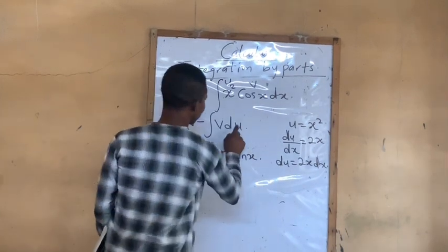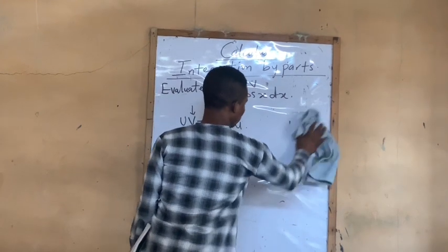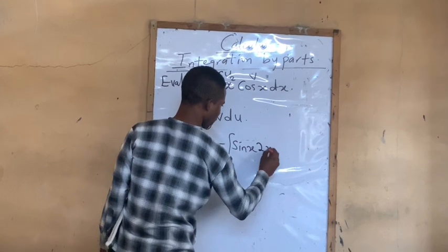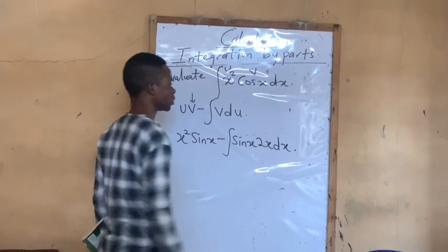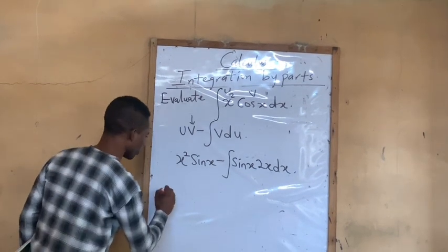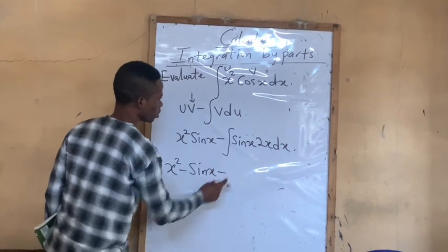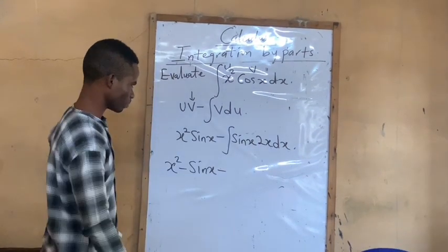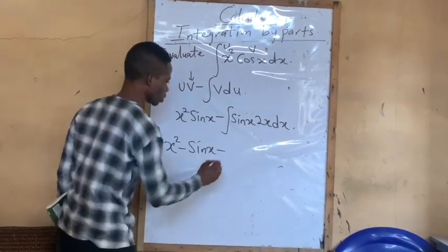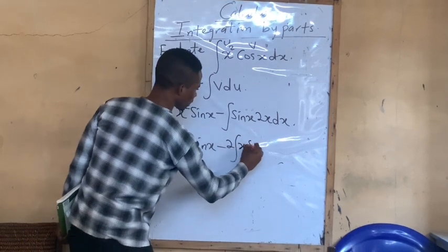So I've known my du to be 2x dx. That's my du. So what's next? I'm going to have x squared sine x minus. I can also bring these 2 out in front of the integration. That means 2 integral of x sine x.